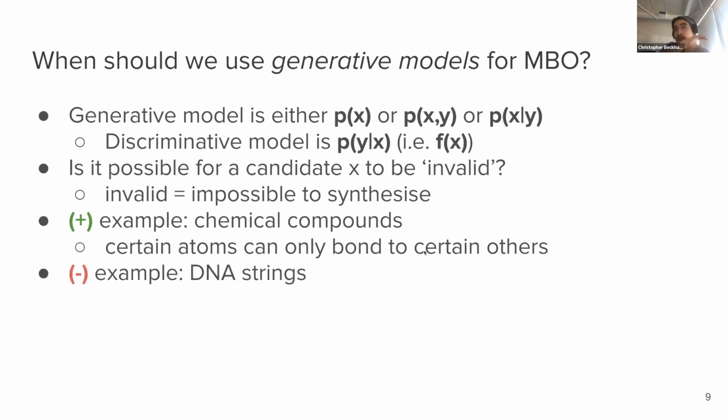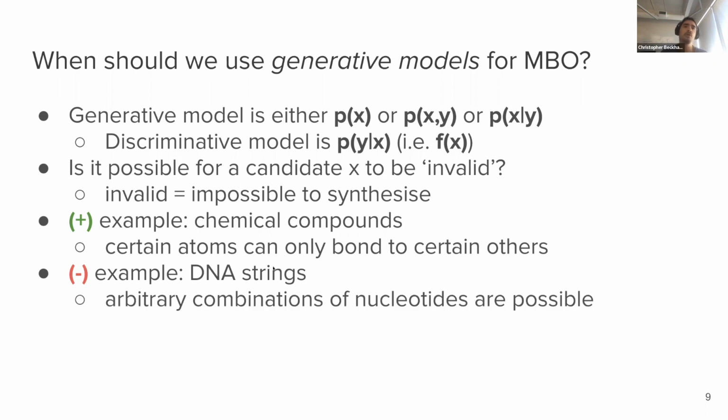But a negative example potentially is DNA strings. We know that arbitrary combinations of nucleotides are possible: adenine, thymine, guanine, and cytosine could be in arbitrary combinations and so forth.